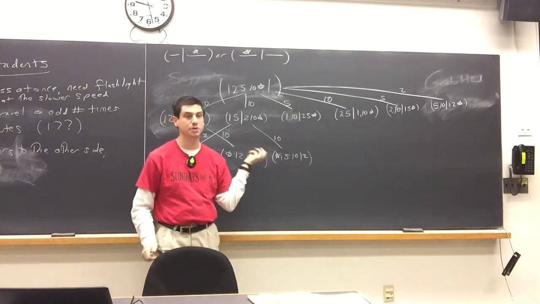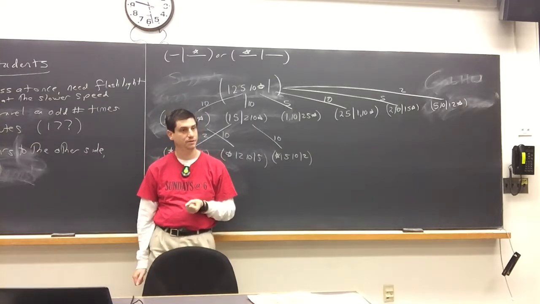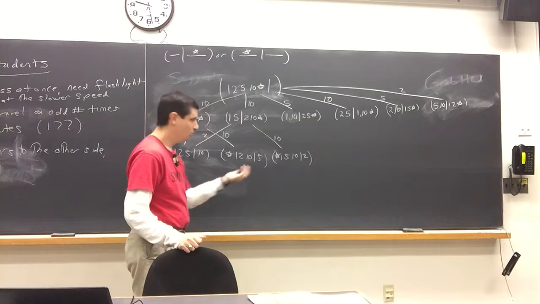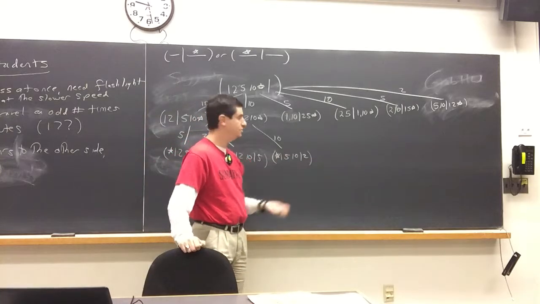How many do you expect? You expect 4? Why 4 in total? Well, it's just 3 with flashlight on the left and 1 person. Yeah, there's 3 with the flashlight and 1 person on the other side. So you only have one more case to look at.